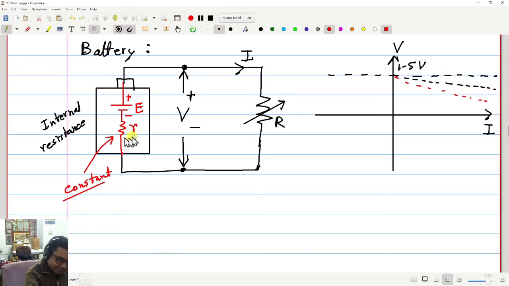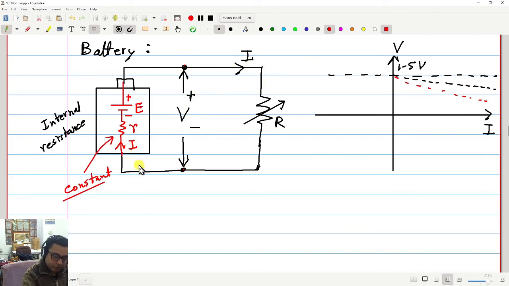We are assuming this resistance R to be constant. And here we have a voltage from here to here, which is constant E. But the voltage that we are looking at from outside is not E, but the voltage from here to here. And I amount of current is flowing here.